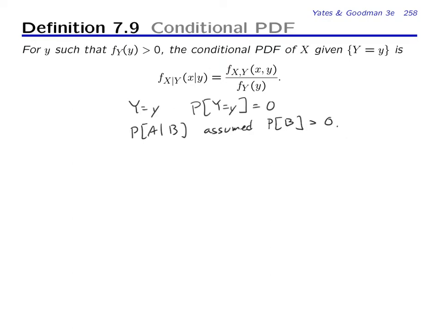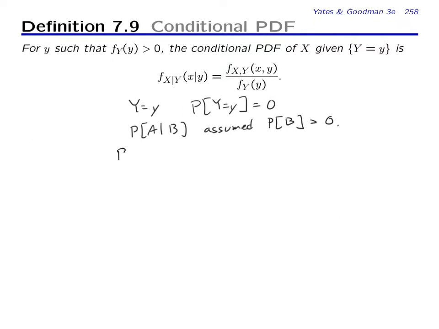On the other hand, we have lots of physical situations where we have a pair of continuous random variables and we appear to observe y equals little y for some little y. The solution is to understand that when we observe a continuous random variable and we say y is little y, we're in fact more often than not observing that y is very, very close to little y.